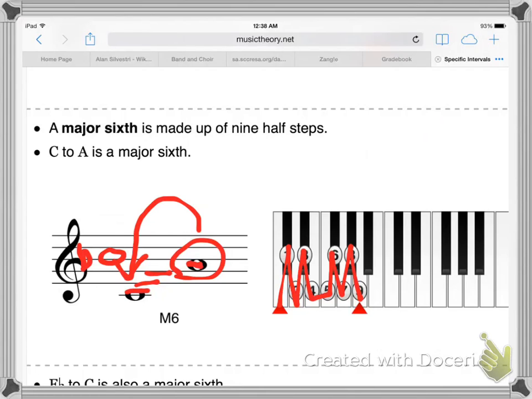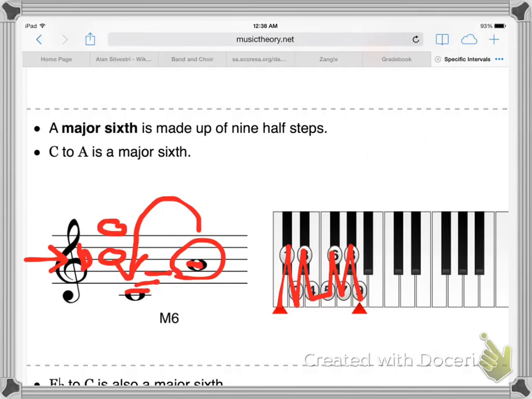So 1, 3, 5, 6 would be G. In the key of B flat, when I play a B flat scale, that's my bottom note. So when I play a B flat scale, do I play a G flat, or a G sharp? I play a G, okay, when my instrument starts on a B flat.